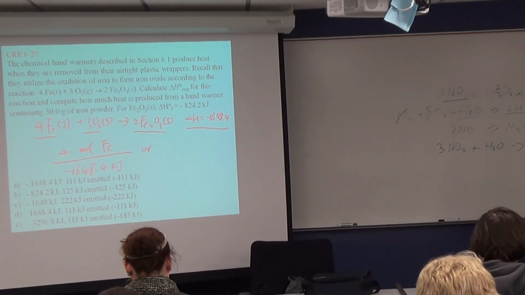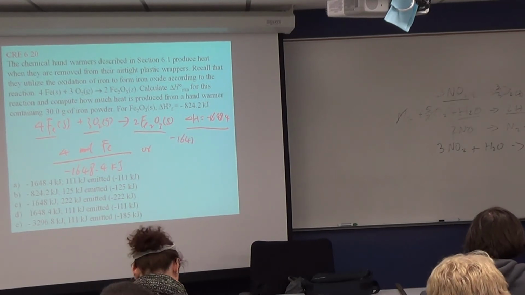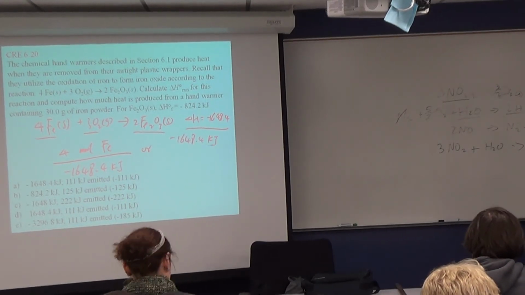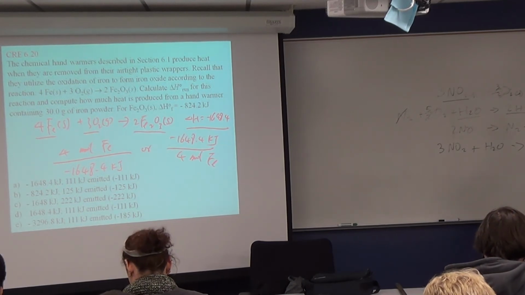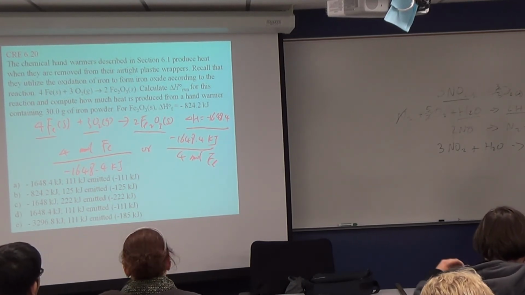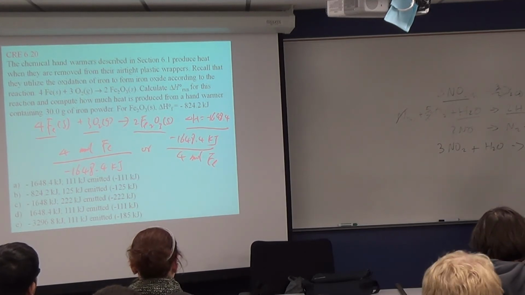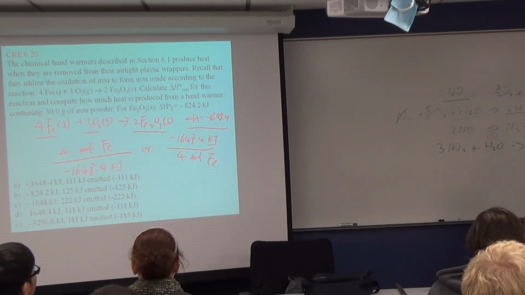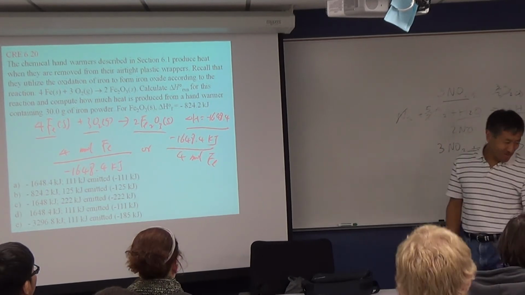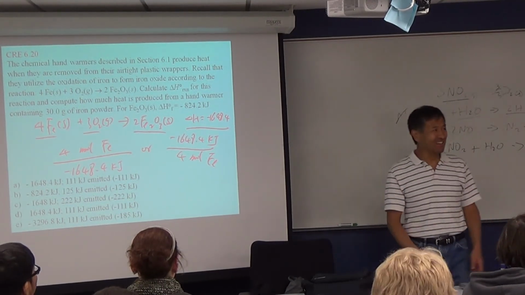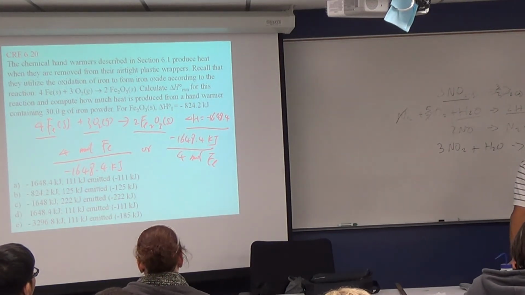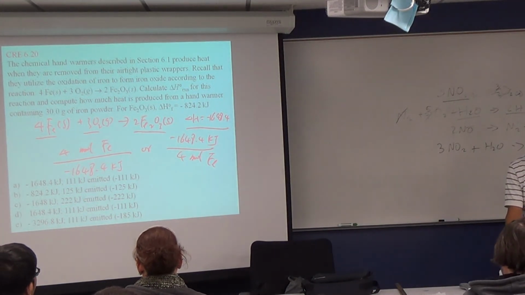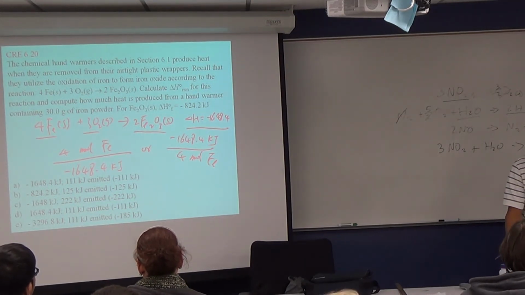or negative 16 for 8/4 kilojoules over 4 moles of Fe. Oh, that stupid equation, okay. Yeah, I always use it that way. The answer is C. Well, you will find out.